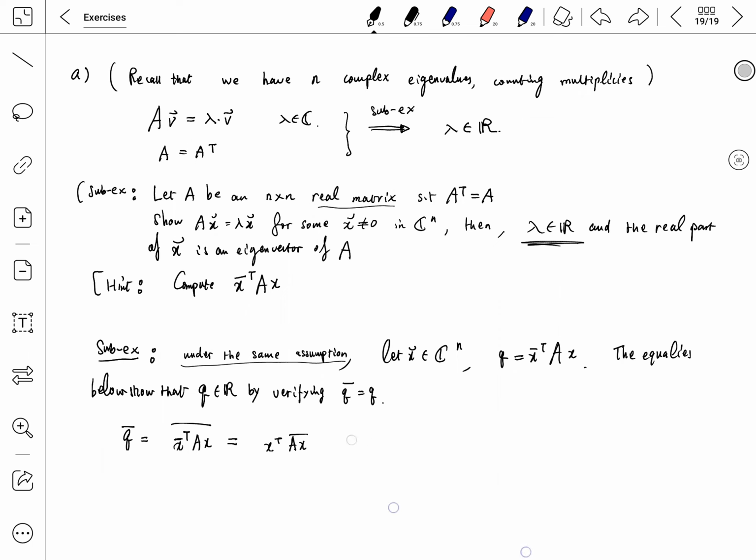A is symmetric, is real, so this is x transpose A x bar.